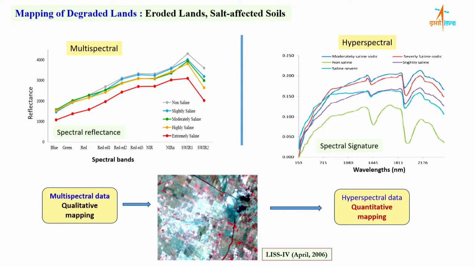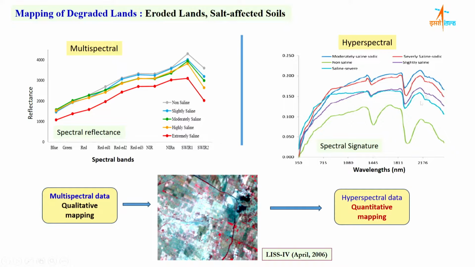For degraded lands or salt-affected soils, I want to show you how we can use hyperspectral remote sensing data. If you see multispectral data, suppose Landsat data, in the different bands you are getting reflectance characteristics like that. But in hyperspectral satellite data, you are getting the spectral signature, a much better characterization of the reflectance.